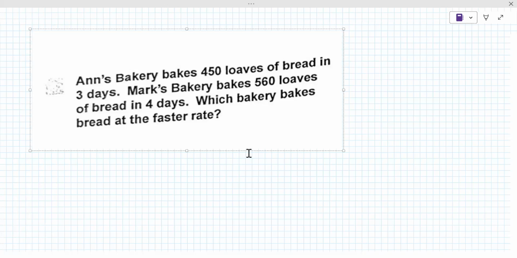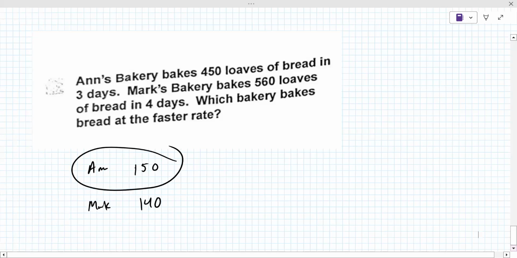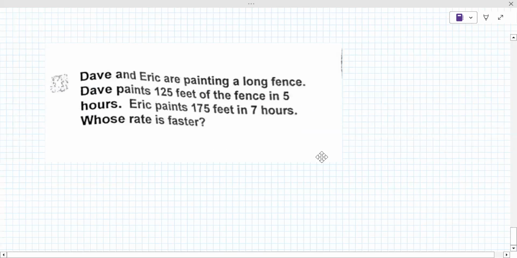Anne's bakery is faster because she makes 150 loaves of bread per day, and Mark only makes 140 per day. That's correct. All right, questions on this? No. I don't know if we have time. I'll do this next one here just because we're running out of time. But you do have some to do on your own, so don't think you're out.